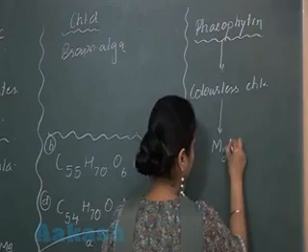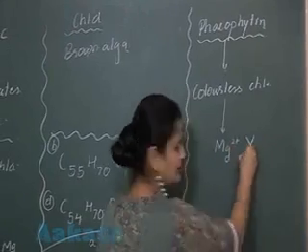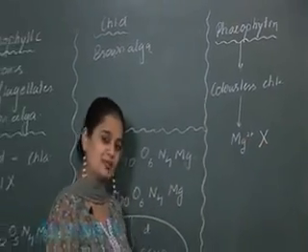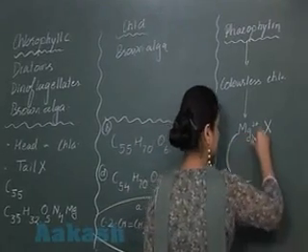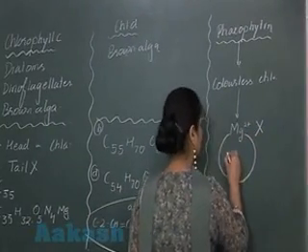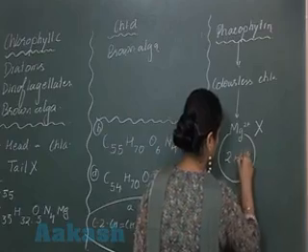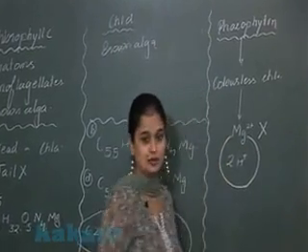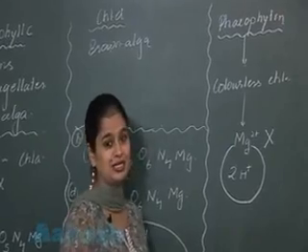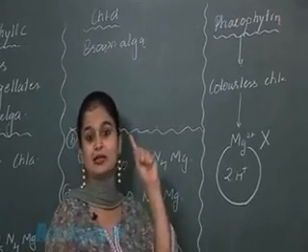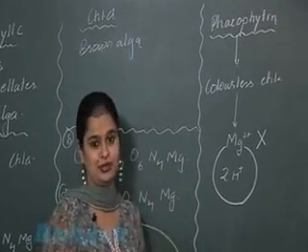In pheophytin magnesium is absent, and in place of the magnesium there is presence of 2 hydrogen ions. तो magnesium की जगह पर 2 hydrogen ions present है pheophytin के अंदर. It is known as colorless chlorophyll.